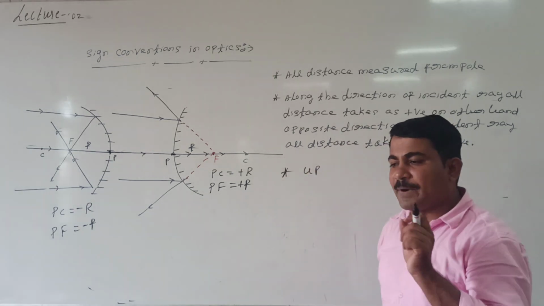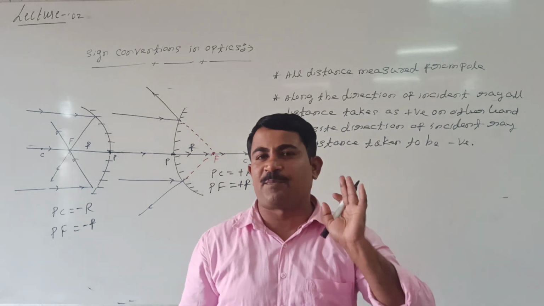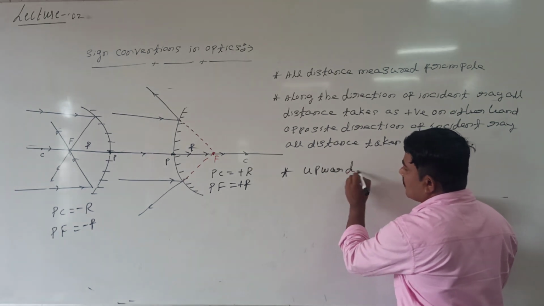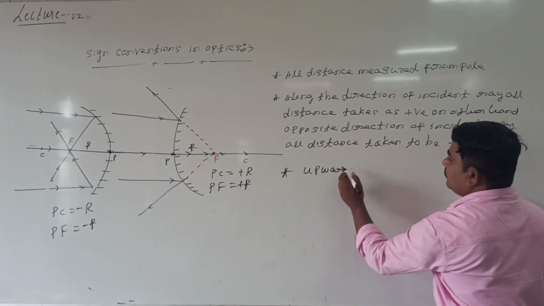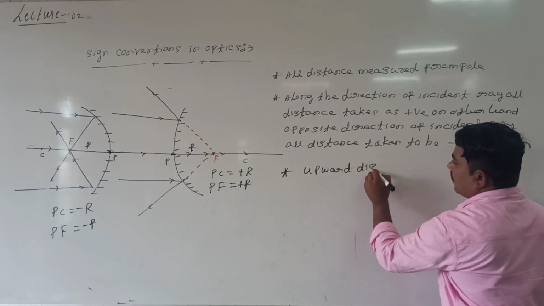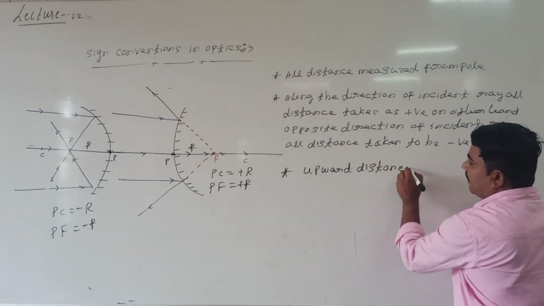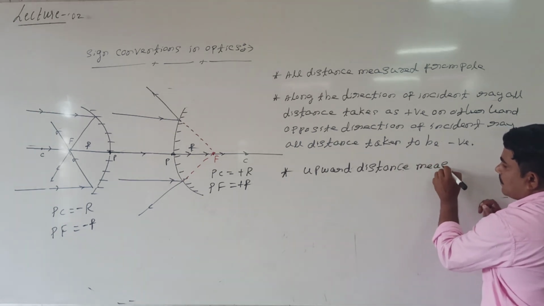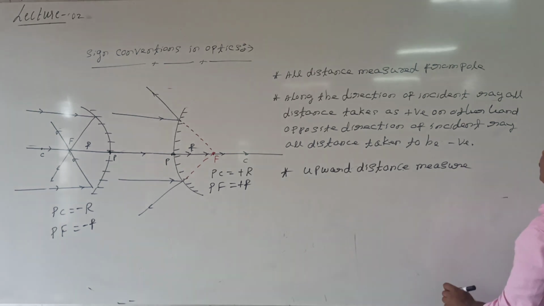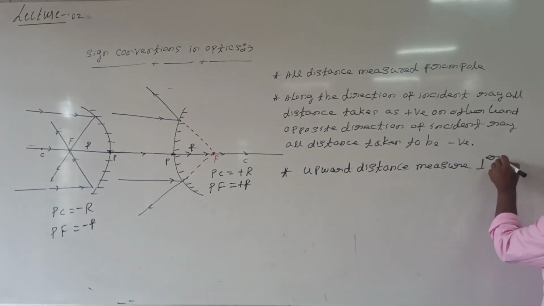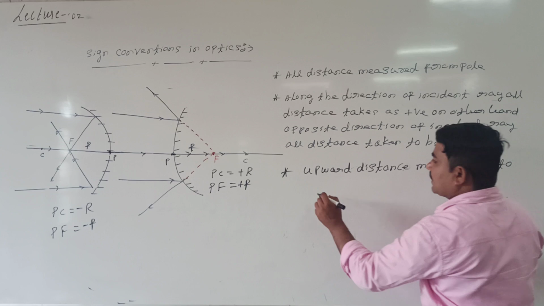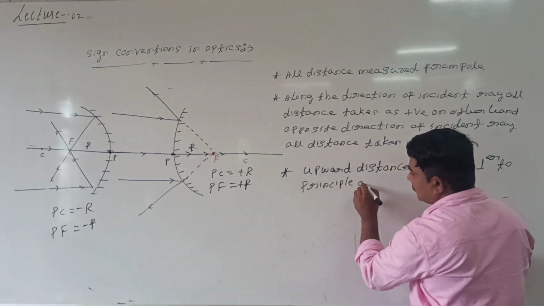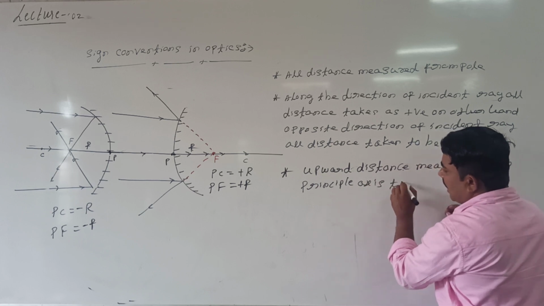Upward distance measured perpendicular to the principal axis is taken as positive.